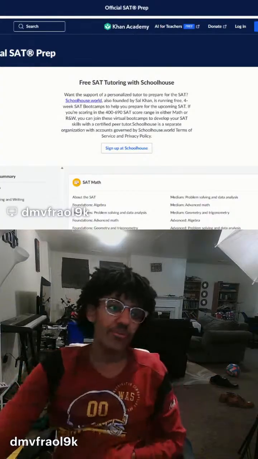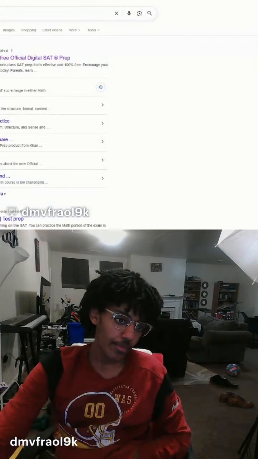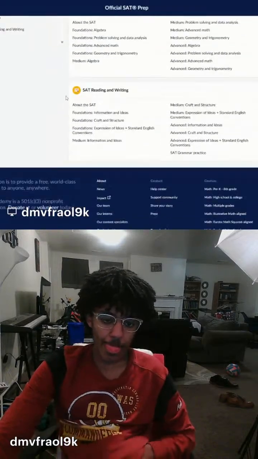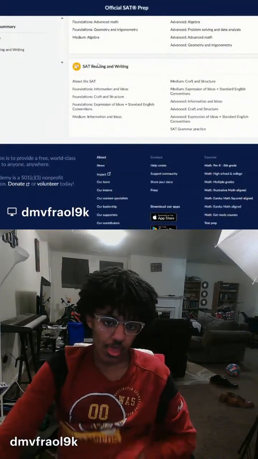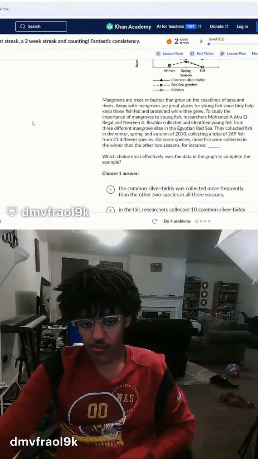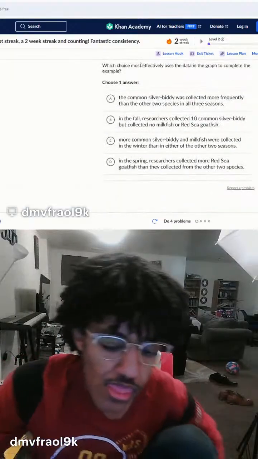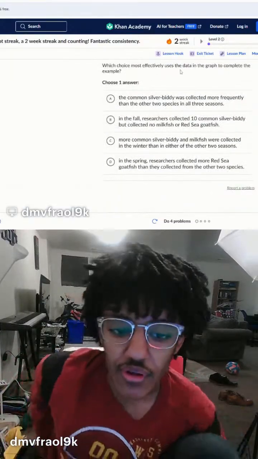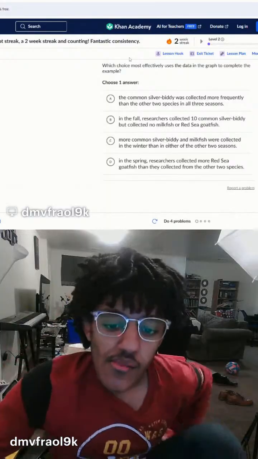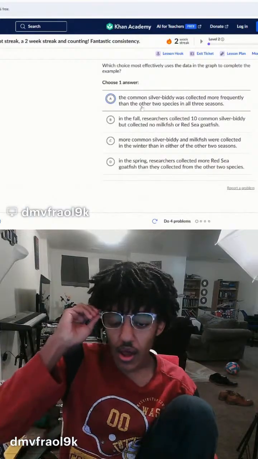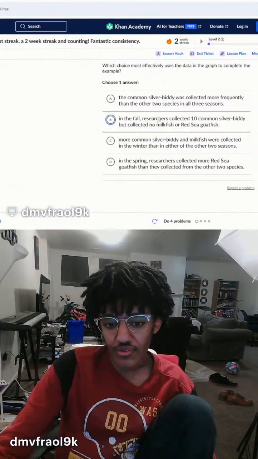Every time in the reading, and I haven't been doing any in the reading. Which most effectively uses data in the graph to complete this example? The common silver biddy was collected more frequently than the other two species in all 3 seasons.